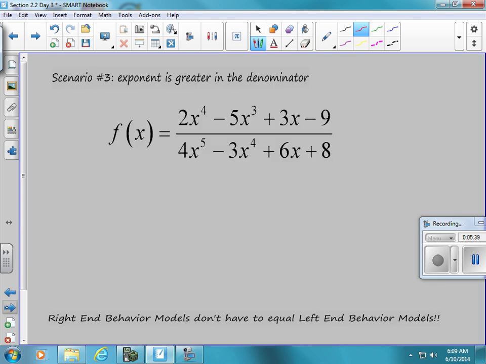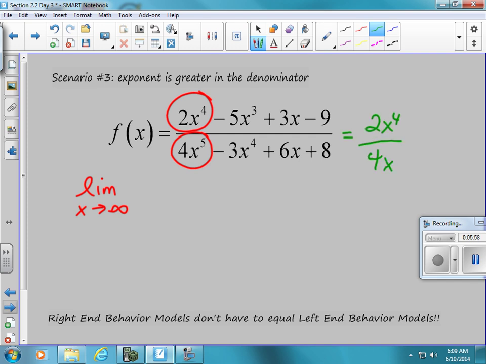All right? Last but not least, when the exponent is greater in the denominator than it is in the numerator, let's check and see what our end behavior model is. Let's actually reduce this. Our end behavior model is going to be 2x to the 4th over 4x to the 5th.